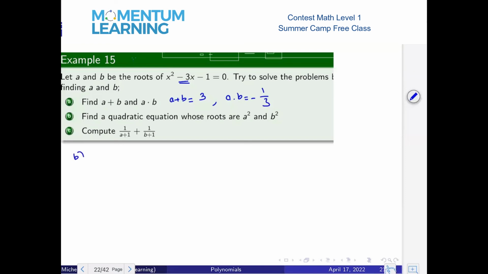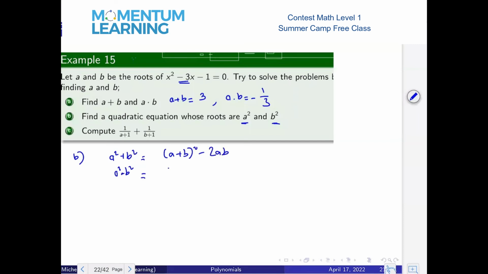For part B, the question is to find the quadratic whose roots are a squared and b squared. Again, I don't care about the roots as much, but if I want to find a quadratic with these roots, I can find the sum of the roots and product of the roots, and I can write the quadratic equation from that. Then the sum of the squares is going to be a plus b squared minus 2ab, right?